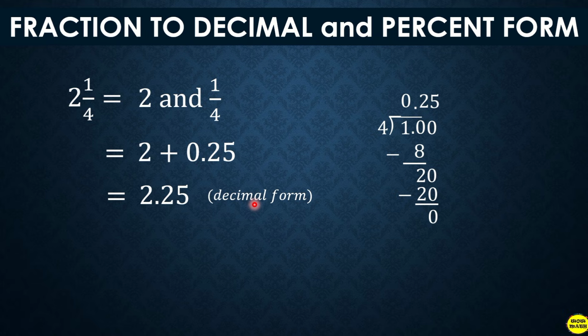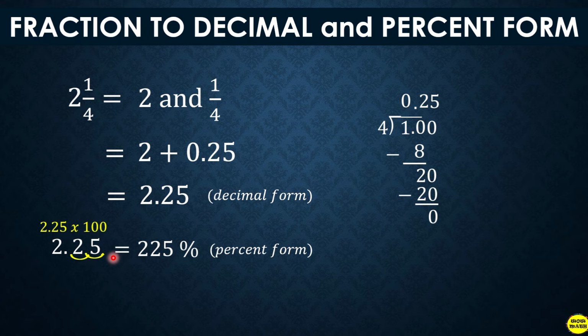How about in percent form? So, we will just multiply 2.25 by 100 by moving 2 units to the right. So, move natin, 1, 2. So, mapupunta siya dito. So, therefore, what is our percent form? Magiging 225%. And that is our percent form.